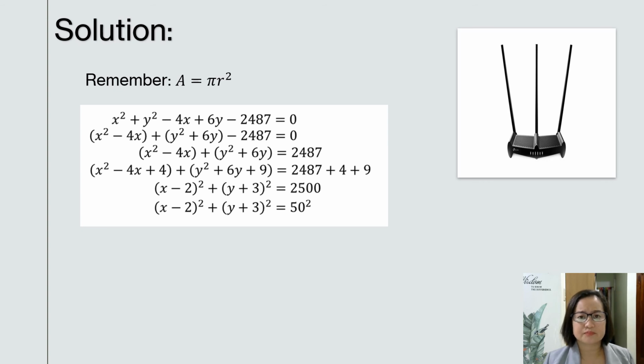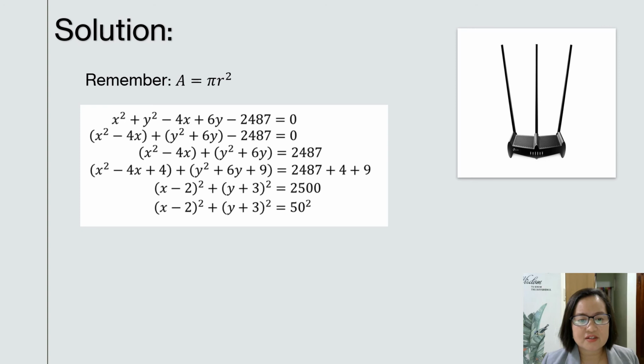2,487. The next step is to exclude the constant term by transposing it to the right side. So from negative 2,487, transposing it to the right will become positive 2,487. The next step is to make the binomials a perfect square trinomial.